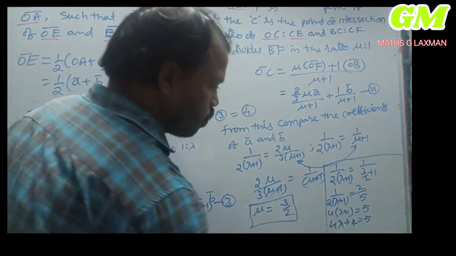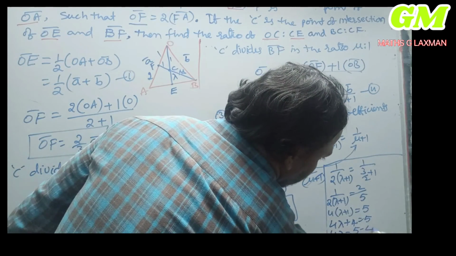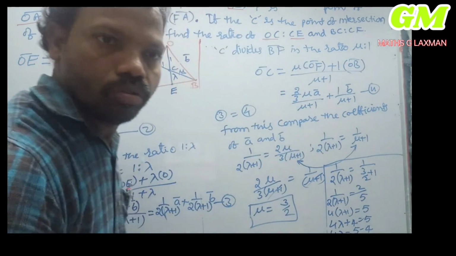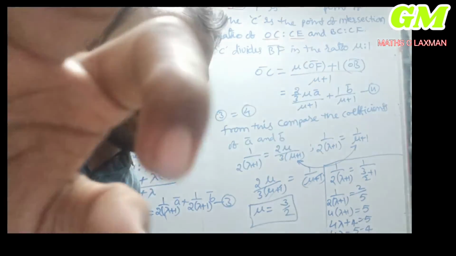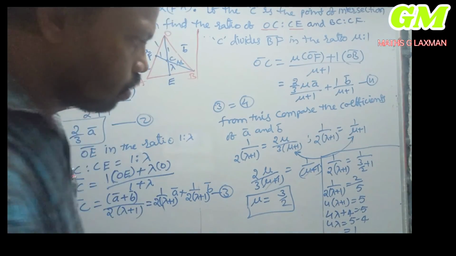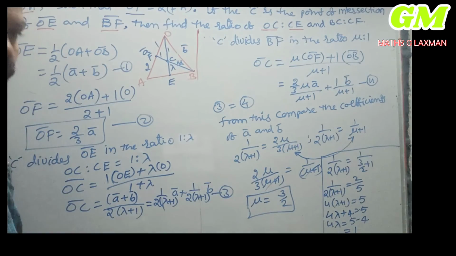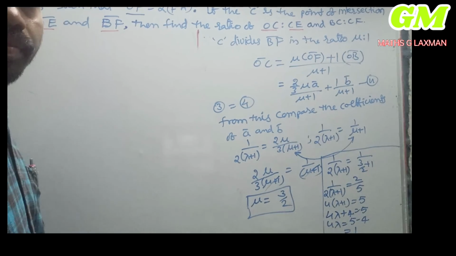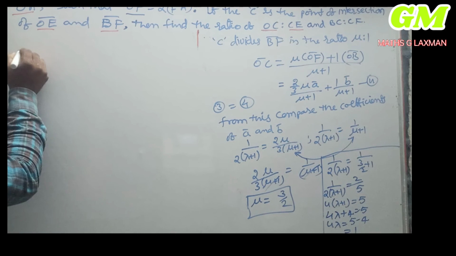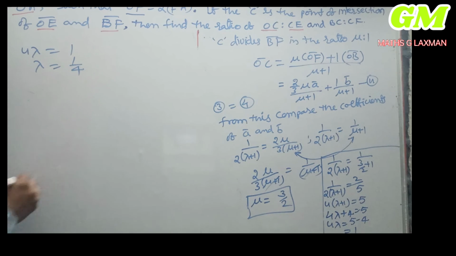Sending it to that side, 4 lambda is equal to 5 minus 4, that is equal to 1. So 4 lambda is equal to 1 and lambda is equal to 1 by 4.